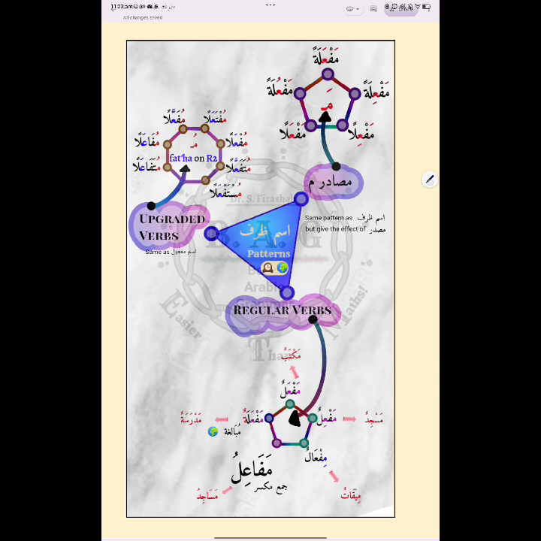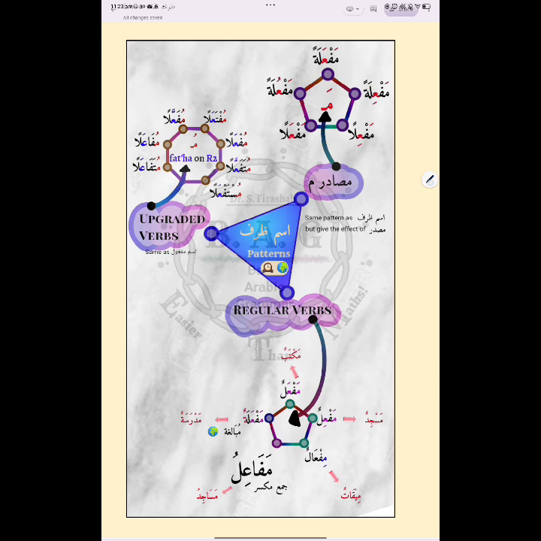Okay, so let's see what these are. The first pattern is maf'alun. For example, maktabun. If you place it as ism zarf makan, maktabun is going to be a place where the act of writing happens, so basically a desk. Maktabun, the place of writing.